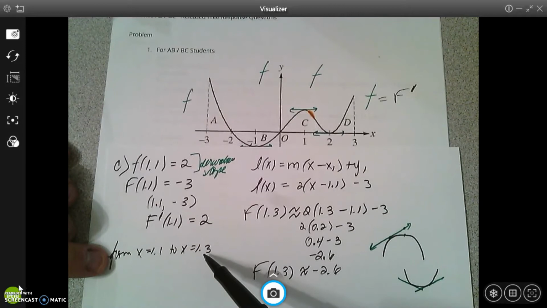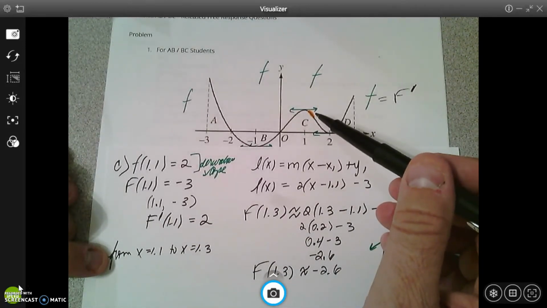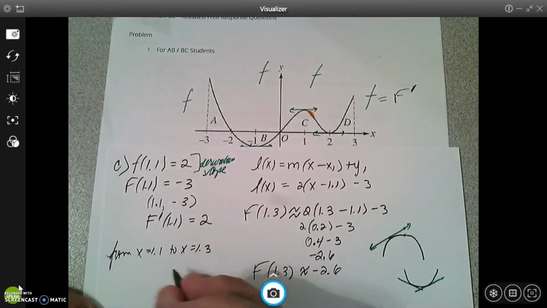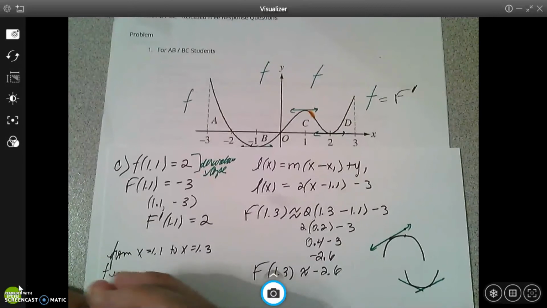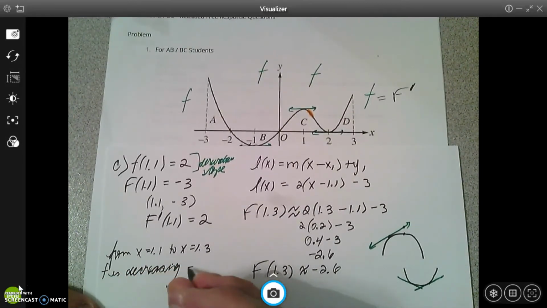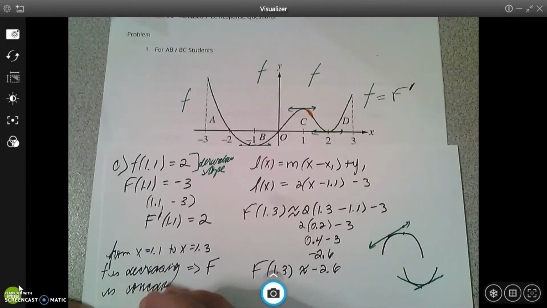I want to know about the concavity of big F, but what I see is little f. The way that we're going to make this work is we're going to say that from x equals 1 to 1.3, little f is decreasing. And if little f is decreasing, then big F, the antiderivative, is concave down.